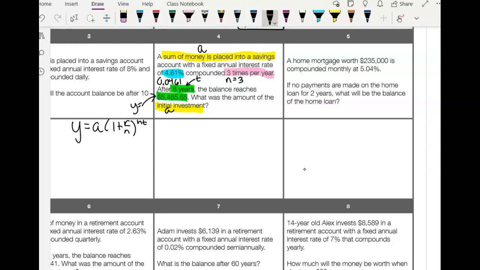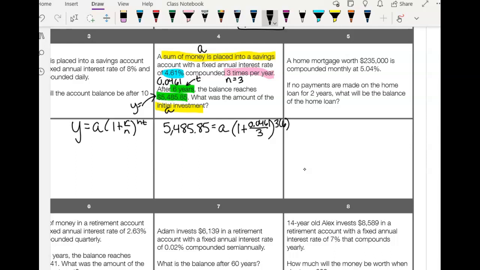That's actually my Y value, so I can start filling that in. $5,485.85 is equal to something times... I'm not going to do any math just yet. I'm just going to fill in everything I know: it's compounded 3 times per year, and we did this for 6 years. All I did was replace everything.